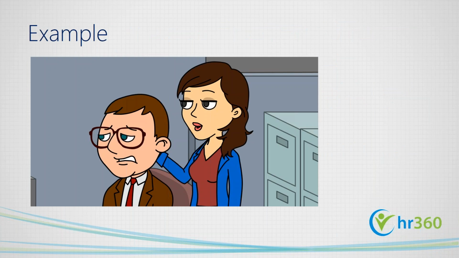Now, as another example, imagine a female supervisor giving a shoulder massage to a male employee who works for her. When the employee asks the supervisor to stop, she continues saying, gee, when I hired you, I thought you were going to be a team player. This behavior constitutes sexual harassment. The supervisor engaged in unwelcome physical contact with her employee. In addition, the supervisor's statement that the employee is not a team player implies that the employee's success on the job is conditioned on his accepting the supervisor's advances, a quid pro quo case of sexual harassment.